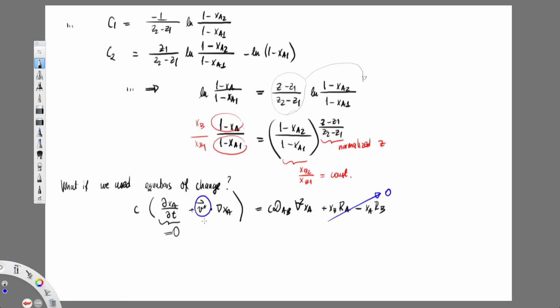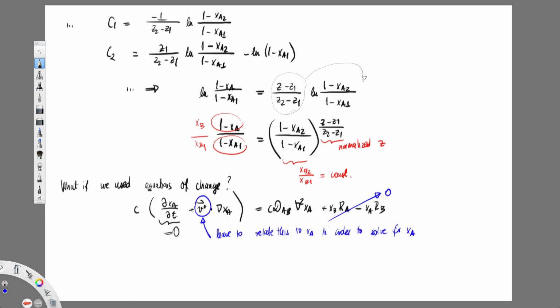So basically I have to relate this to XA in order to actually have an equation in XA. So in the previous shell balance, we have to basically express NAZ in terms of XA, and here I have to do it with V star. So either way, no really free lunch.